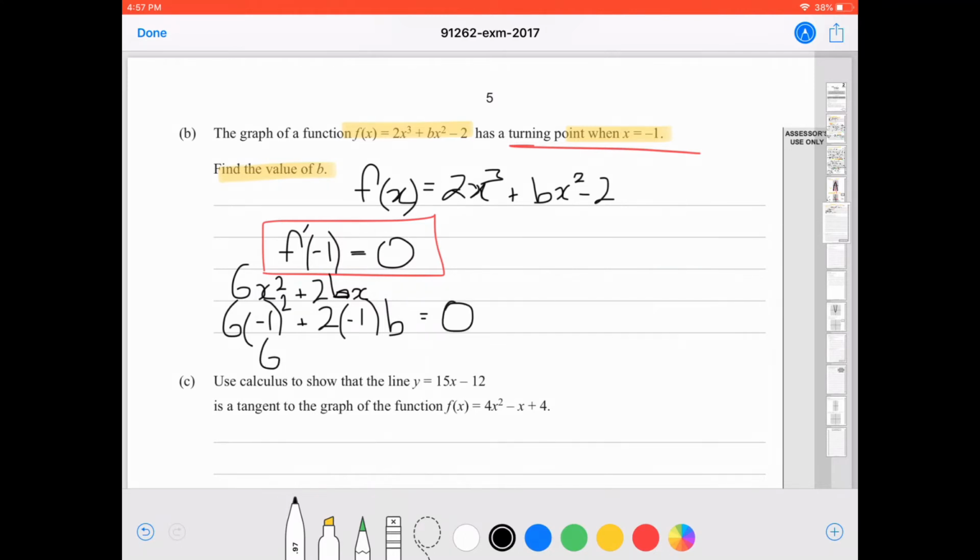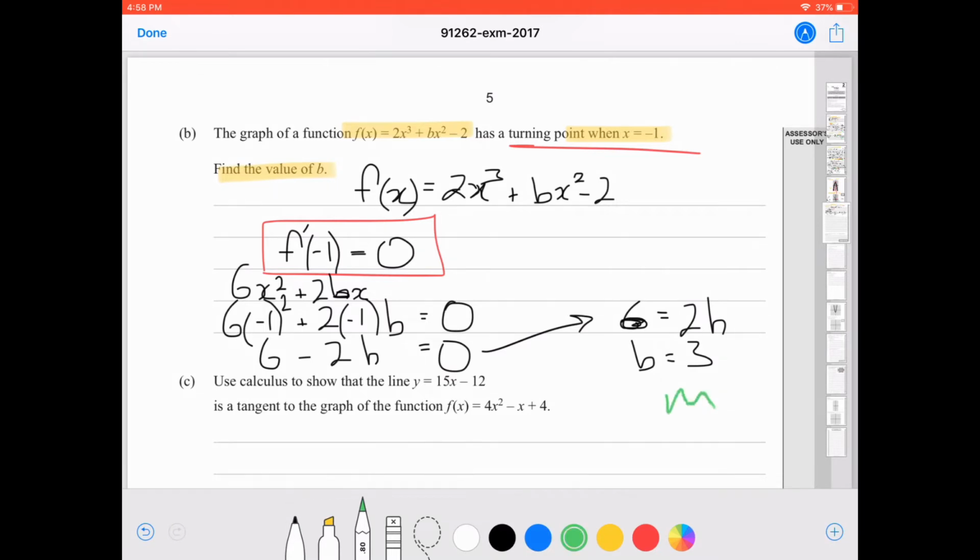Okay, simplifying, you've got 6 minus 2b equals 0. Okay, solving for b, you've got 6 equals 2b. And so therefore, we can see that b equals 3 here. Okay, so value of b found, that gets you a merit grade. And your achieved, derivative found and equated to 0. So I guess the step here would get you an achieved.